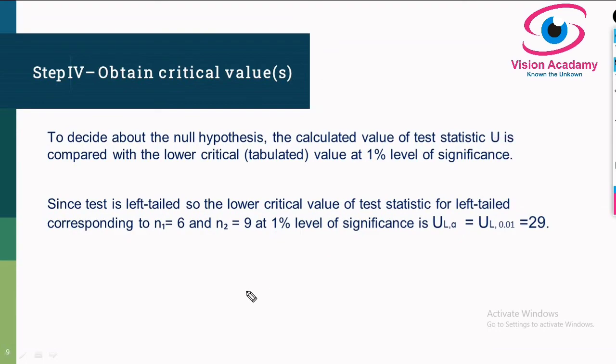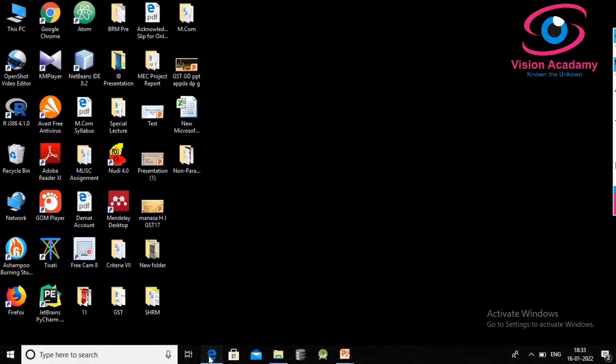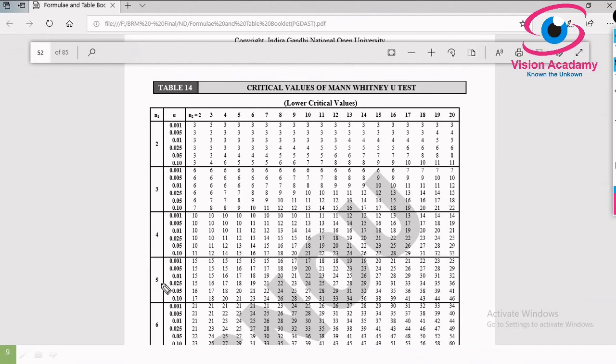So let us see the lower critical value. n1 is 6 as I told you, and n2 is 9, and our level is 0.01, the 1% level of significance. So our value of interest is 29.